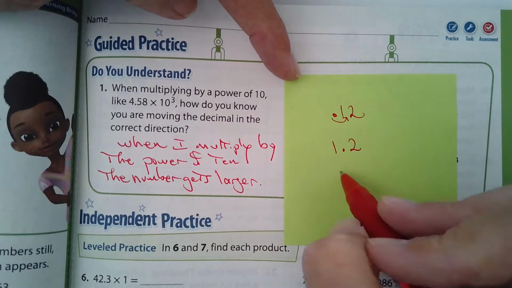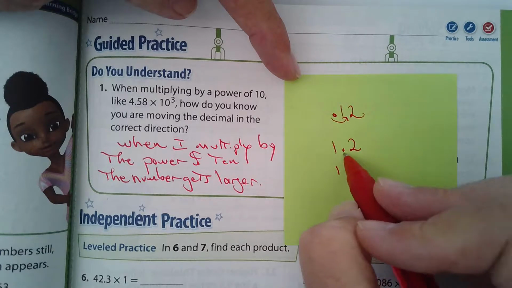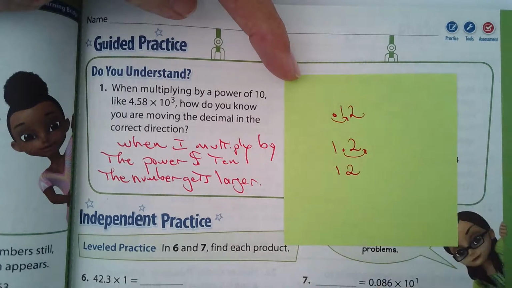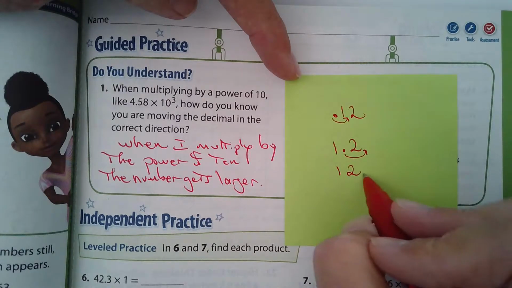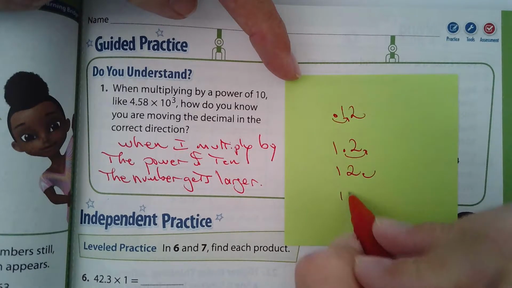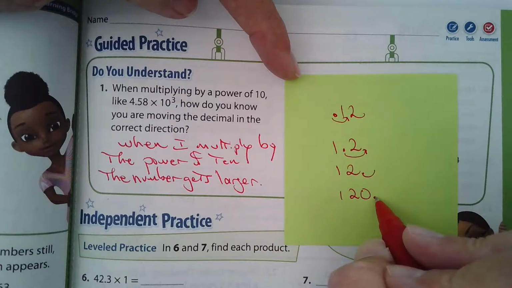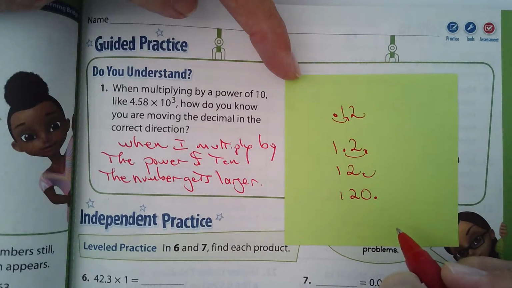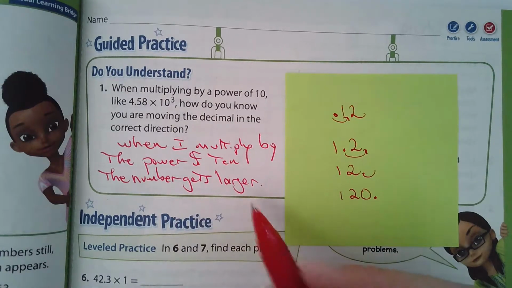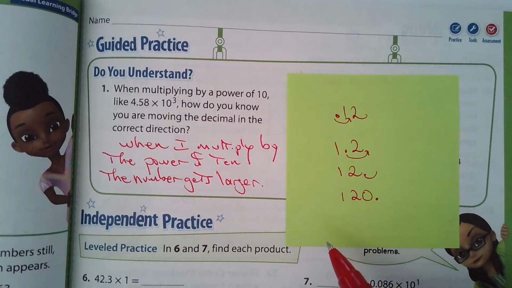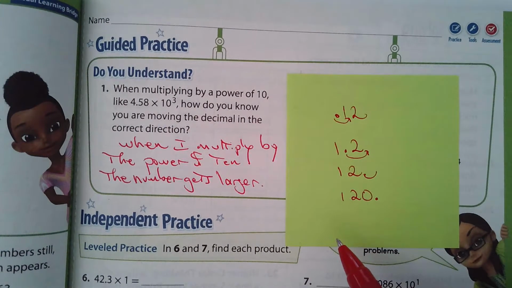And certainly 1.2 is smaller than 12. And you know that 12 is certainly smaller than 120. Okay? So if you're multiplying by the power of 10, the number is getting larger. Always getting larger.